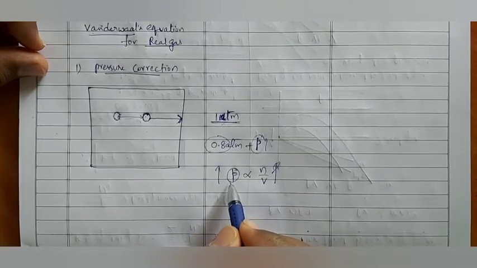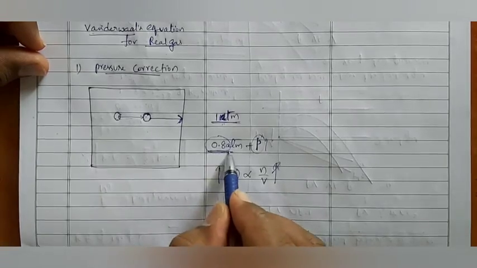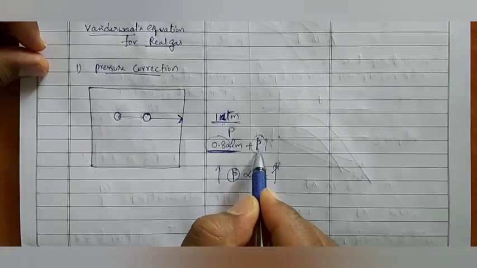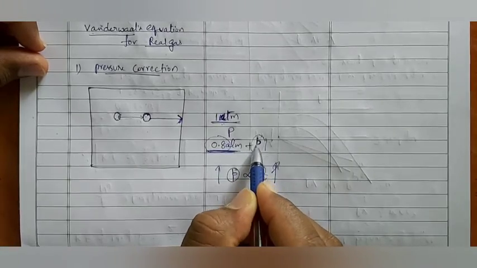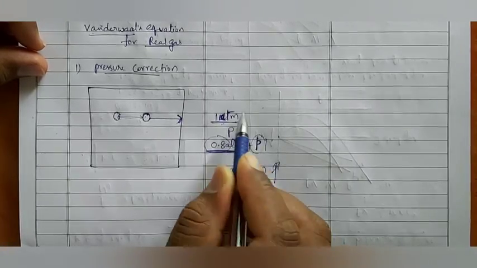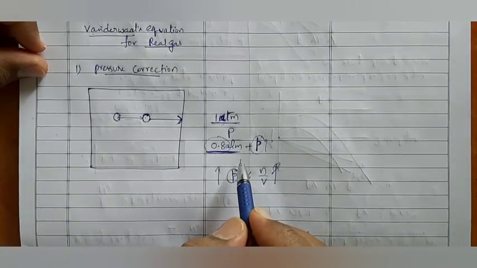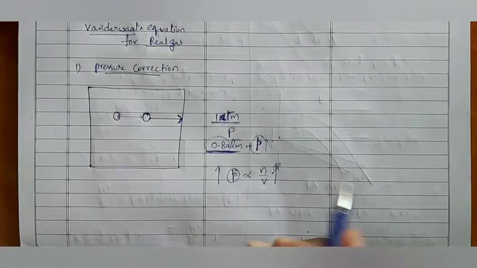This p is nothing but the pressure correction we are going to do. This is the pressure of the real gas, that is capital P. This is the pressure we are going to add to make it equal to the ideal gas. Is it okay? I hope you are clear.